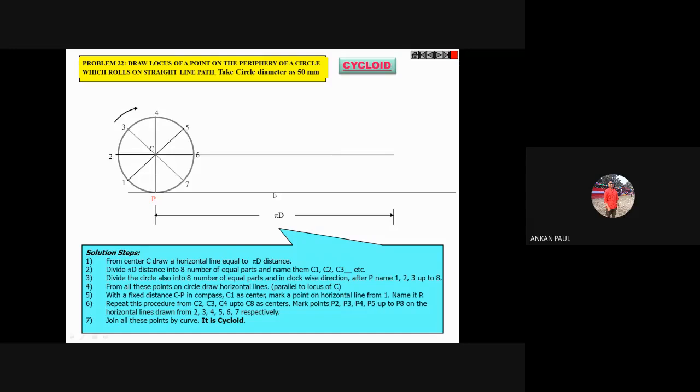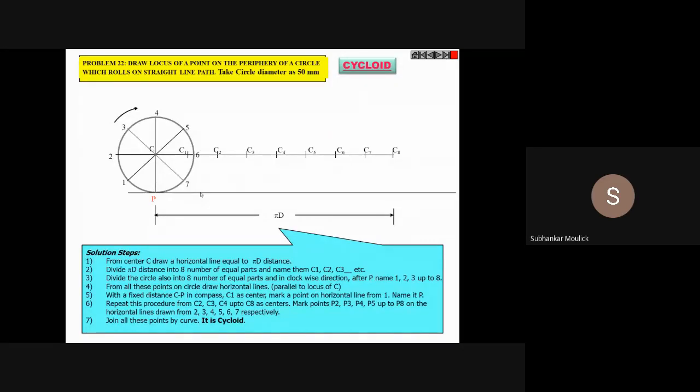Fine. So this is the center line, and since you have divided your circle into 8 equal parts, you have to divide this central line also into 8 equal parts. Why? You have divided your circle into 8 equal parts in multiples of 45.